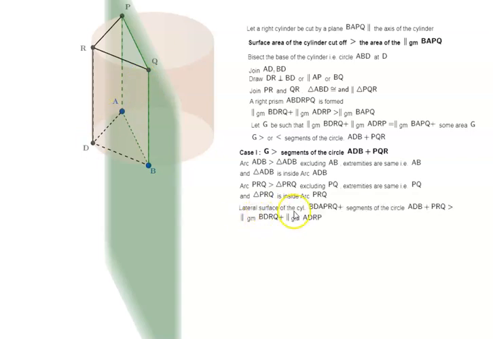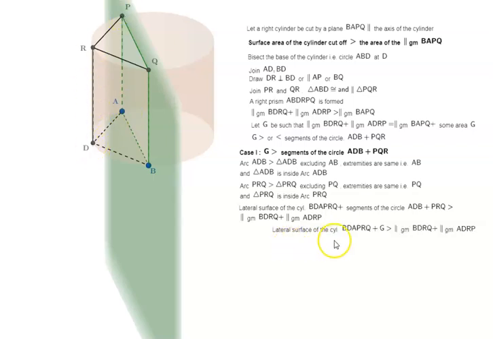Now, lateral surface of the cylinder BDAPRQ plus segments of the circle ADB and PRQ is greater than the parallelogram BDRQ plus parallelogram ADRP.